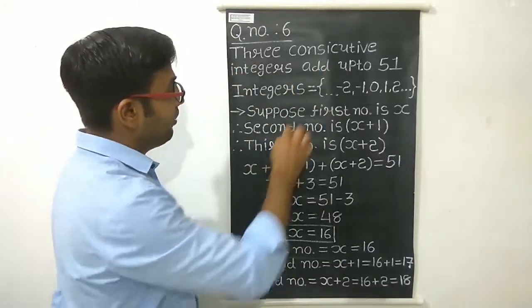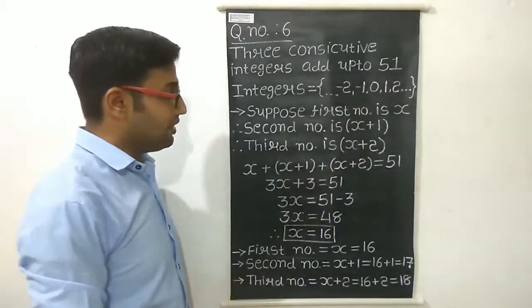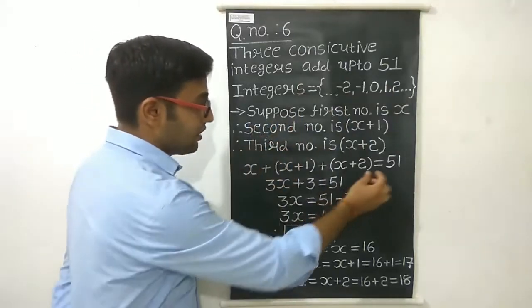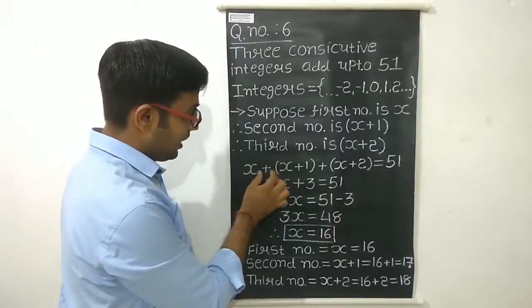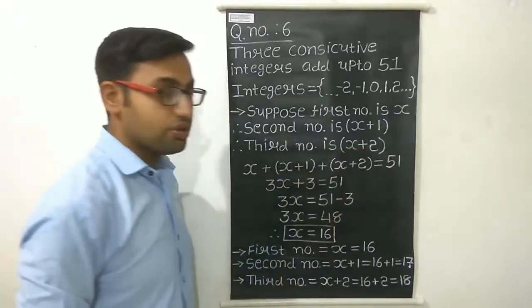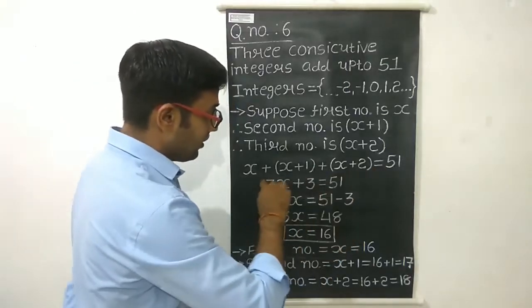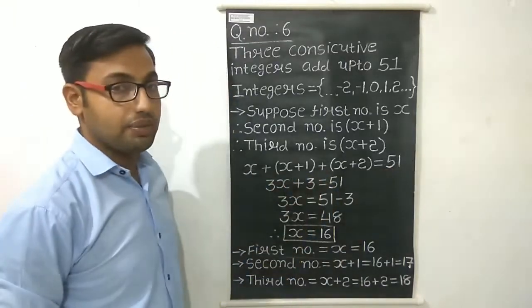Okay. Now one more thing given here is that they add up to 51. That means if we add the first, second and third numbers, the result is equal to 51. So the first number plus the second number plus the third number, total equals 51. In this way we get an equation in which there is only one variable.